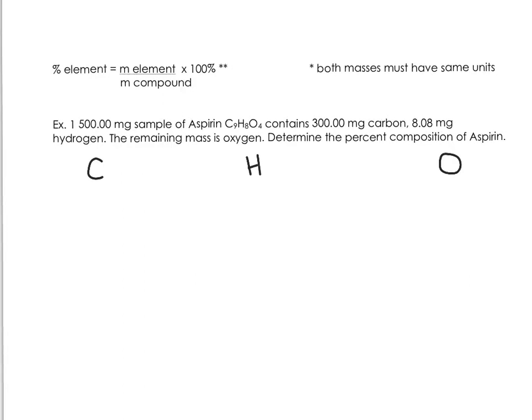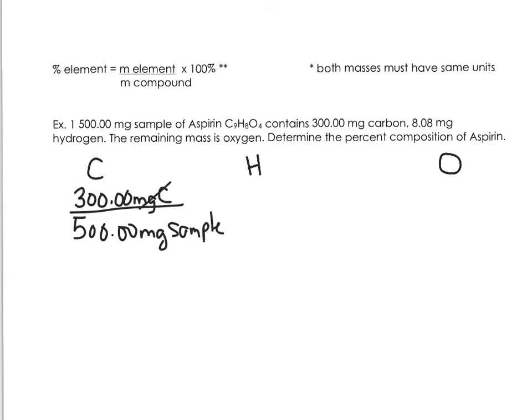So we've got 300 milligrams of carbon, and the entire sample is 500 milligrams. So milligrams are going to cancel, and what you have is the percent carbon in your sample. So 300 divided by 500 times 100%.